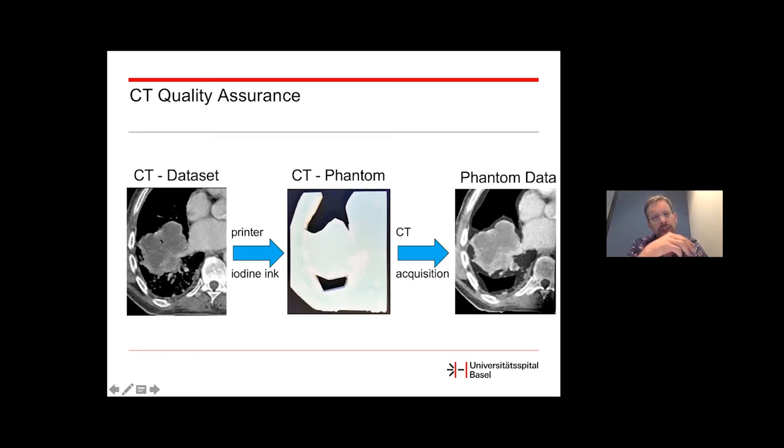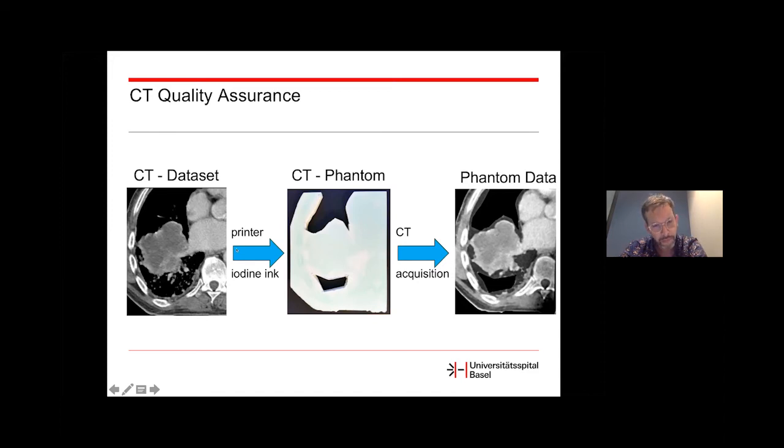So the phantom itself must be complex enough to really tell us something about the effect of the data quality on the post-processing pipeline after image acquisition. This has been really exciting.